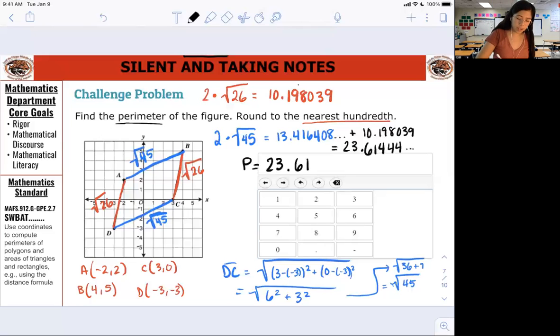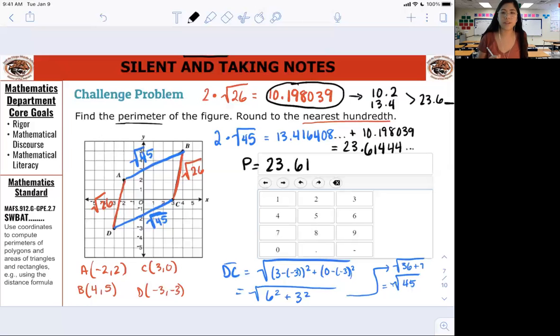That's why you always want to keep your decimals as long as possible to begin with, because if I rounded it at this point, if I did 10.1 or 10.2, and then tried adding 10.2 plus 13.4, you get 23.6, but then you don't know what this hundredths place is going to be. You see what I mean?